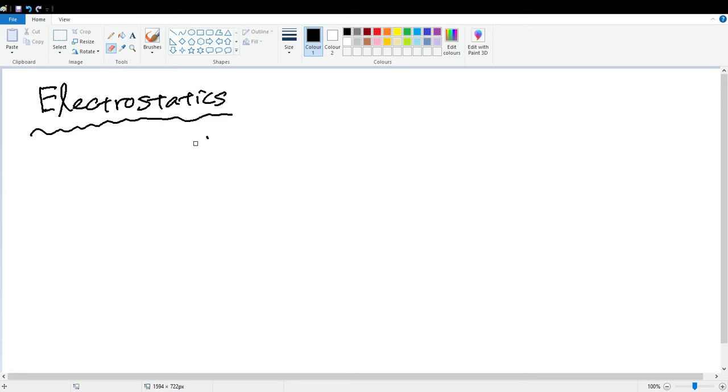As we talk about electrostatic force, the formula is quite similar to the formula of gravitational force, but although they have similarities, their properties are different. Let's discuss both forces. Let's say I have my electrostatic force, and I have my gravitational force.